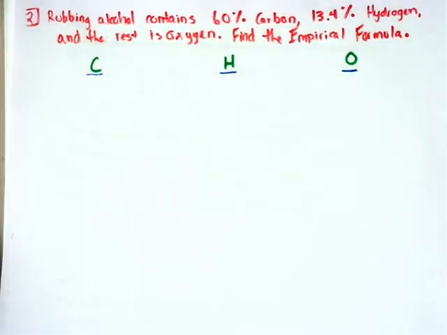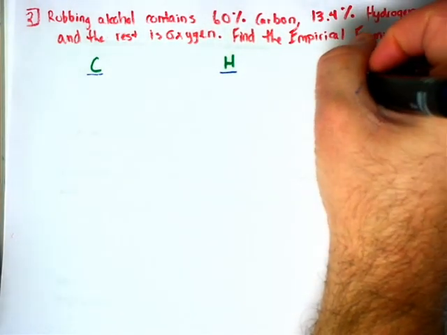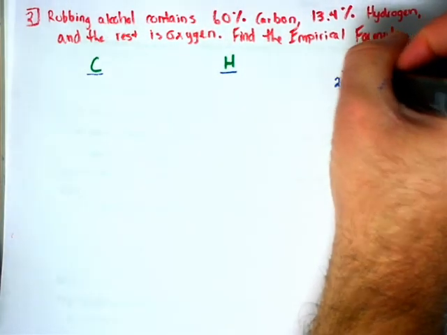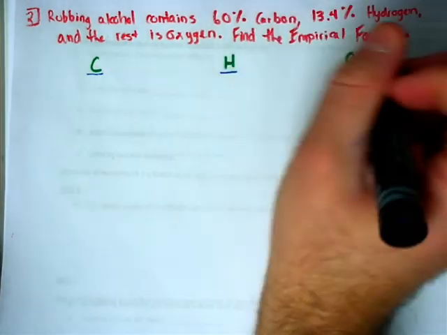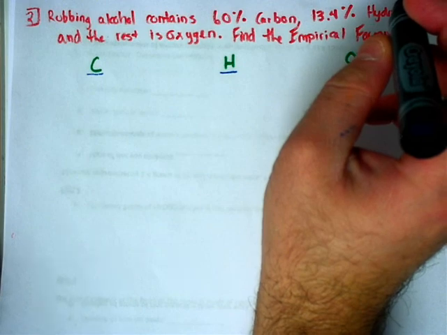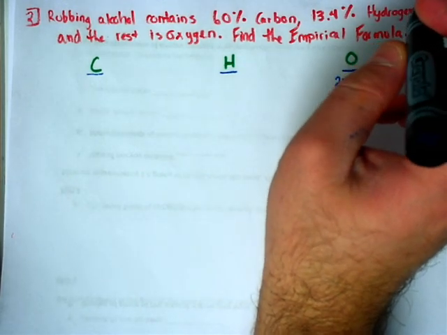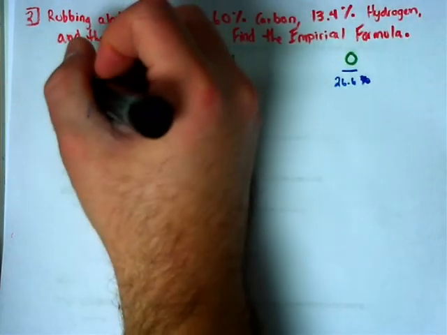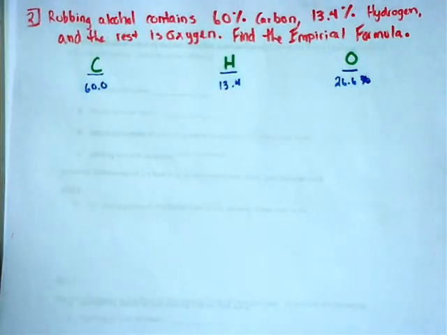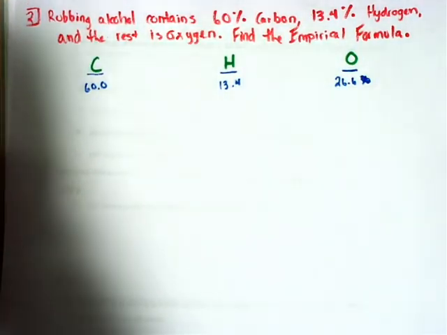Yeah, because it's the difference from 100. So I got 26.6 for the oxygen, that's its percentage. The hydrogen is going to be 13.4. Carbon is 60.